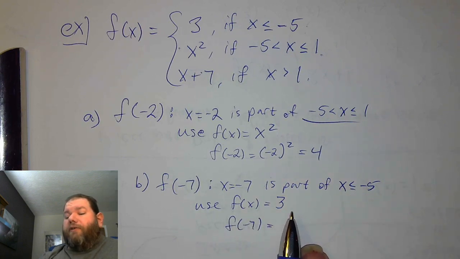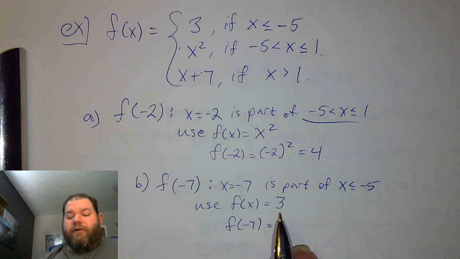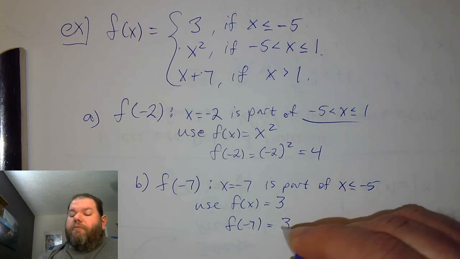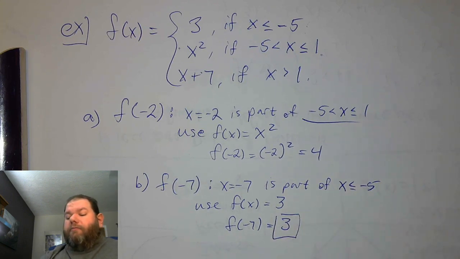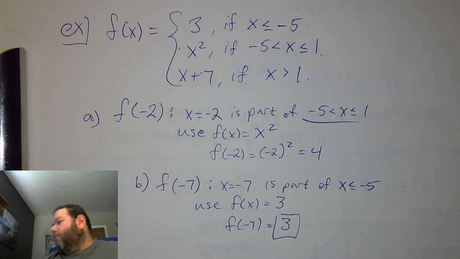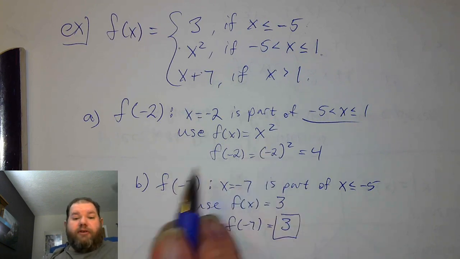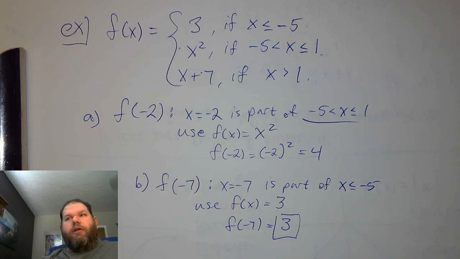Now, we notice there's no x in this equation. It's just a constant number. So f of negative 7 is just 3. Now, you don't have to write as much detail as I'm writing down here, but what I'm trying to include here is our justification for using that particular piece of the function.